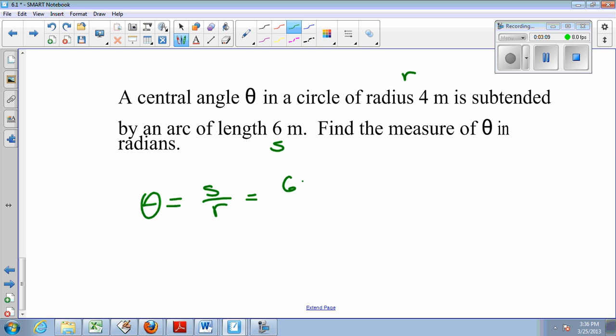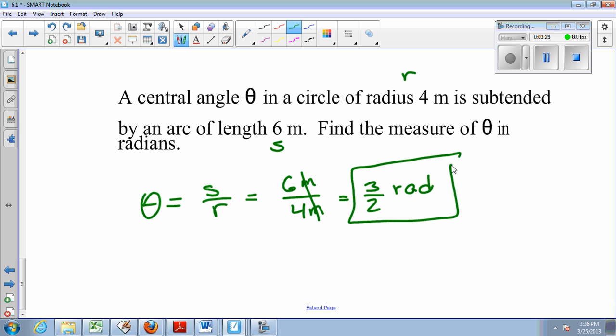So we plug it in, 6 m over 4 m. The meters are going to cancel out. 6 over 4 goes to 3 over 2. And because we're talking about the measure of theta, this is in radians. So theta is 3 over 2 rad.